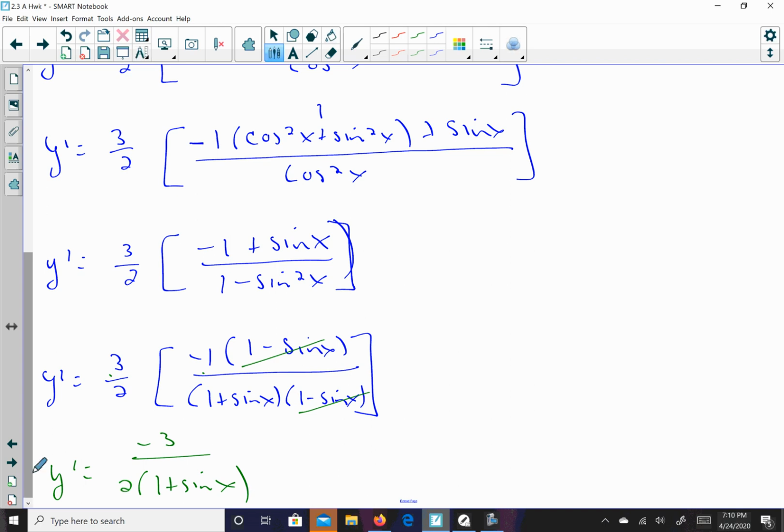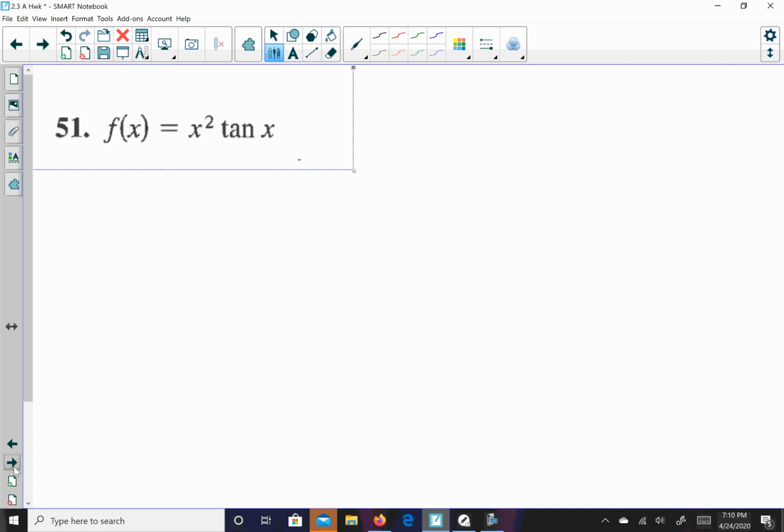Okay, next one. 51, you're multiplying, so we're going to use the product rule. So I am going to leave f of x alone, take the derivative of tangent, which is going to be secant squared x, plus the derivative of x squared, which will be 2x times tangent of x.